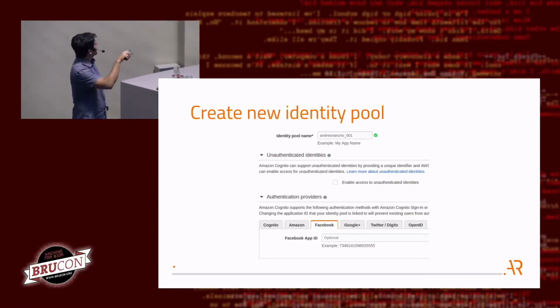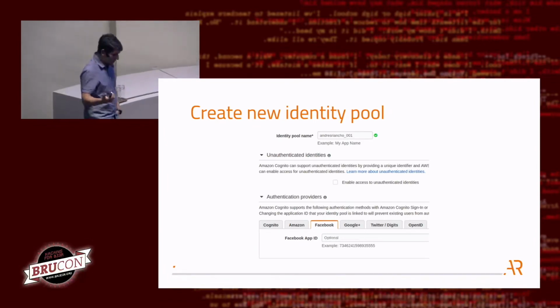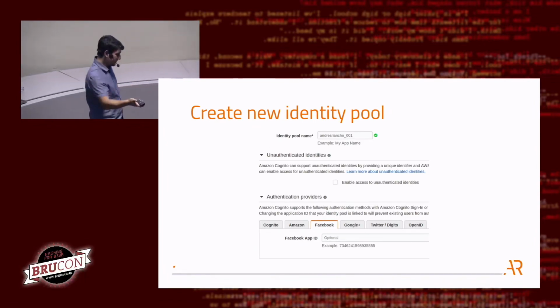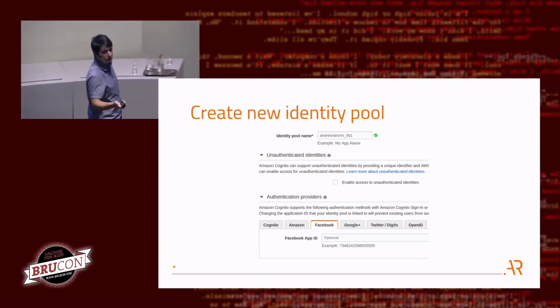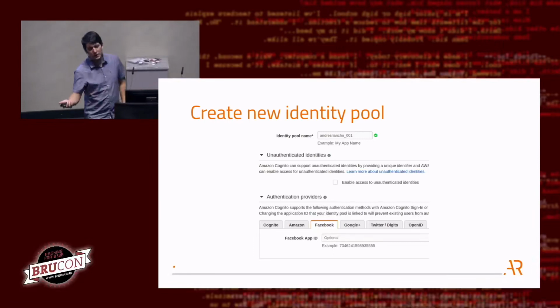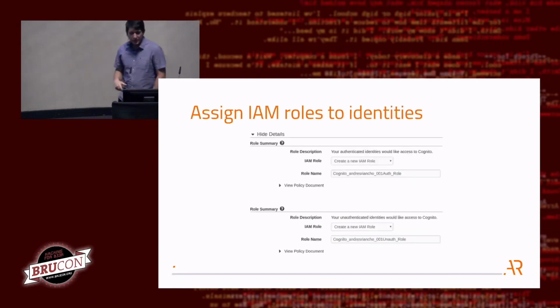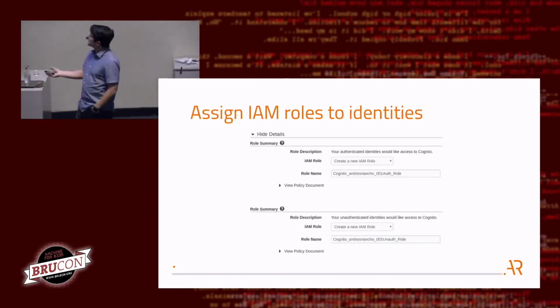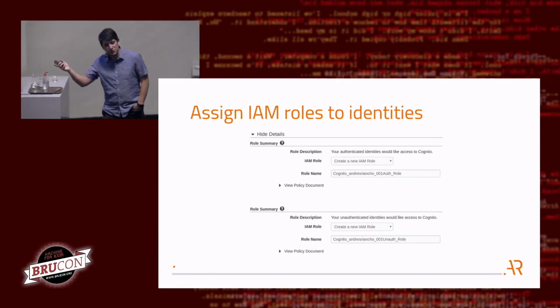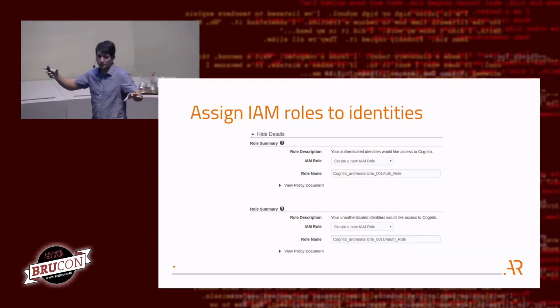Then, here the developer also, if necessary, can configure other sources for authenticating. So users of this mobile application could be authenticating through Facebook, Google+, and other providers. Then the developer assigns IAM roles to Cognito.